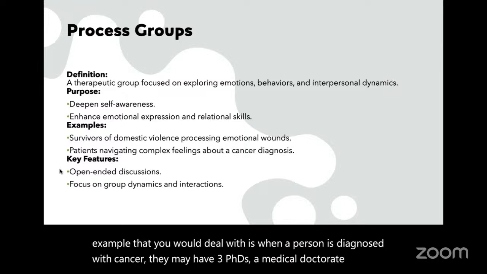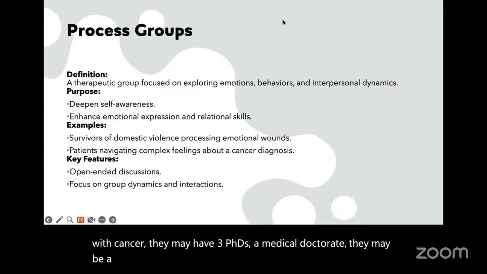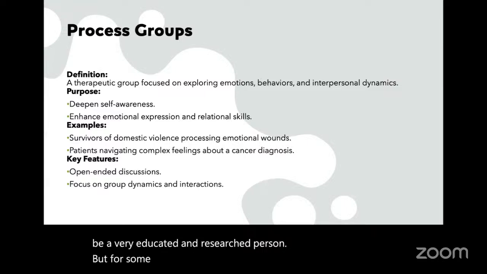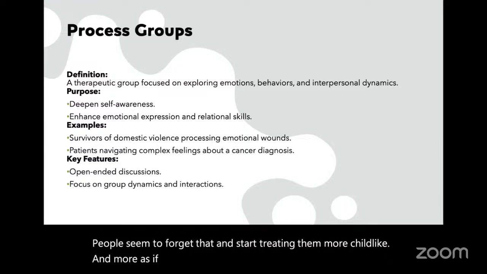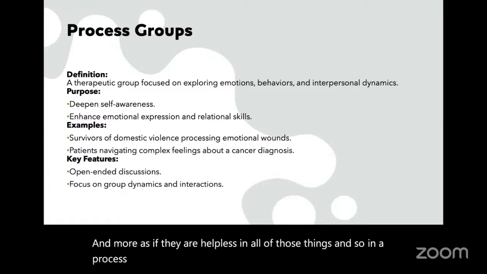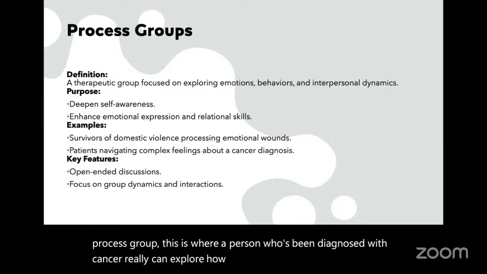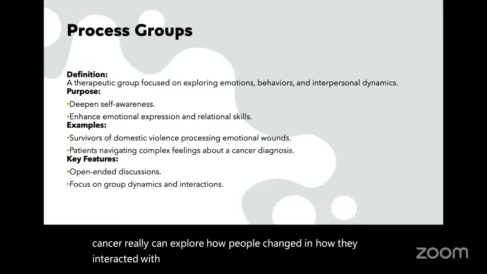They may be a very educated and well-researched person, but for some reason, when they get that cancer diagnosis, people seem to forget that and start treating them more childlike and more as if they are helpless and all of those things. And so in a process group, this is where a person who's been diagnosed with cancer really can explore how people changed in how they interacted with them because they have a diagnosis of cancer.